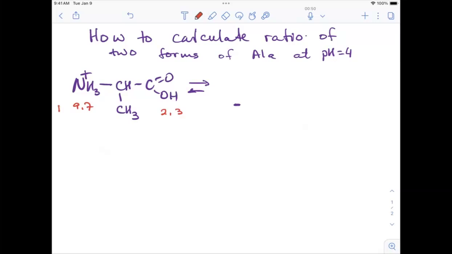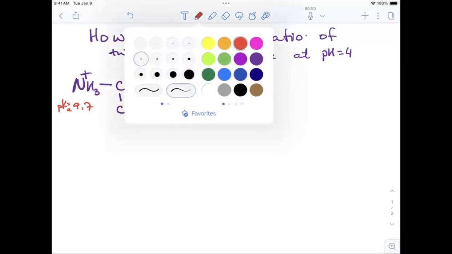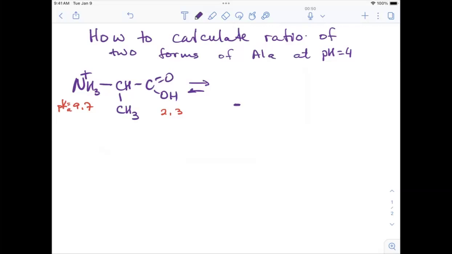These pKa's tell us how well each functional group holds on to the proton that it can give up. From this, we can tell that the carboxyl group is going to give up its proton first: NH3 plus, CH, C double bond O, O minus. And then here's my side chain.